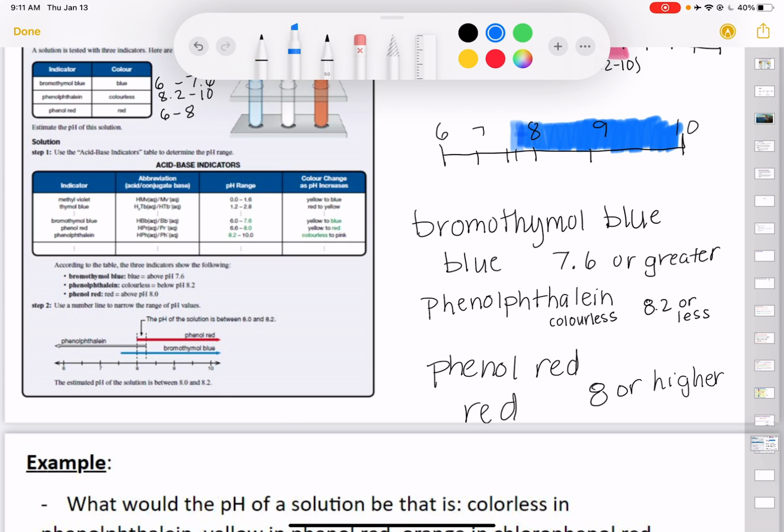Phenolphthalein says it's 8.2 or less. So that second one, 8.2. Where do we have 8.2? Let's say it's right there. 8.2 or less. I'm only going to go as far as we know that one to be. And then the last one is phenol red. That could be 8 or higher. So 8 or higher.